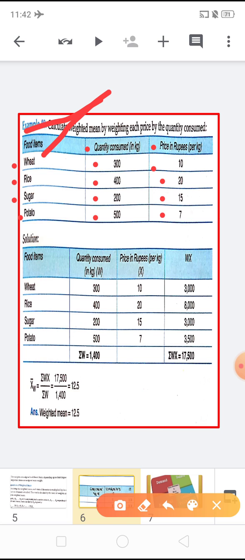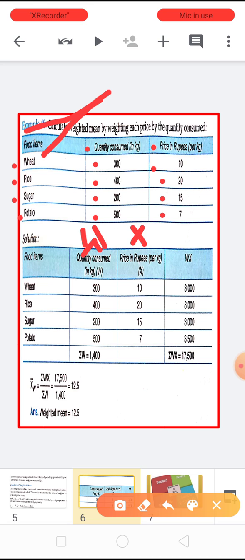Here the quantity will be taken as W, and the prices as X. Now we multiply W with X, the weight with the price in rupees.